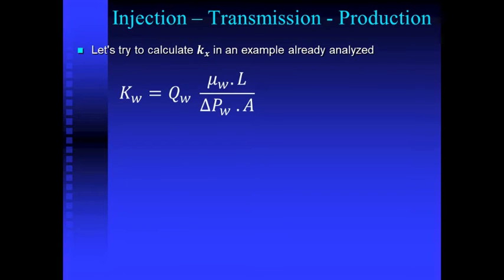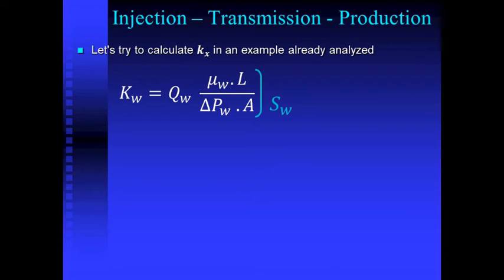In the case of effective water permeability, what we have to determine is the flow rate of water that circulates through the system, since the other variables, in principle, are very easy to determine. The geometry remains constant, we set the pressure difference, and the viscosity of the water remains constant during the experiment. Therefore, measuring the effective permeability to water in a displacement involves measuring the water flow rate during that same displacement.